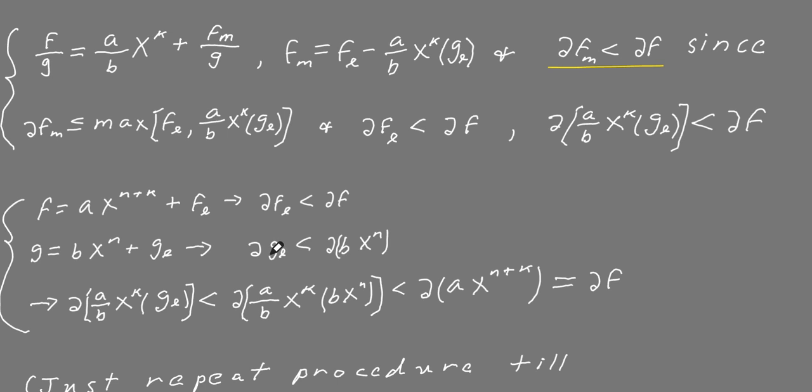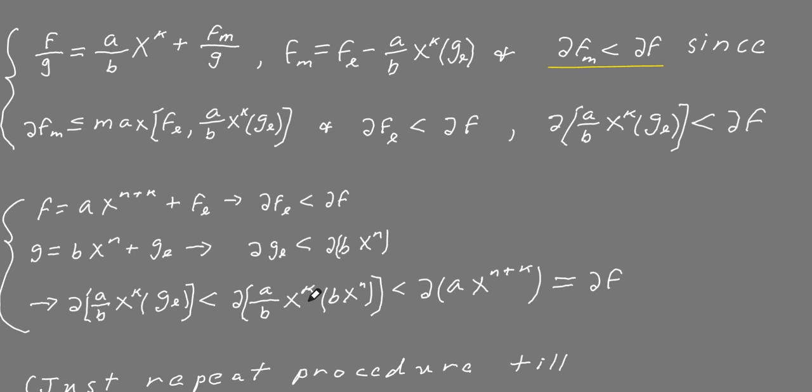Now if I take this inequality over here, and I multiply the g sub l on this side and the b times x to the n on this side, both by the same factor, a over b times x to the k, what I'm going to be doing is boosting the degree of both sides by k. So since I'm boosting the degree of both sides by the same amount, the inequality will still hold.